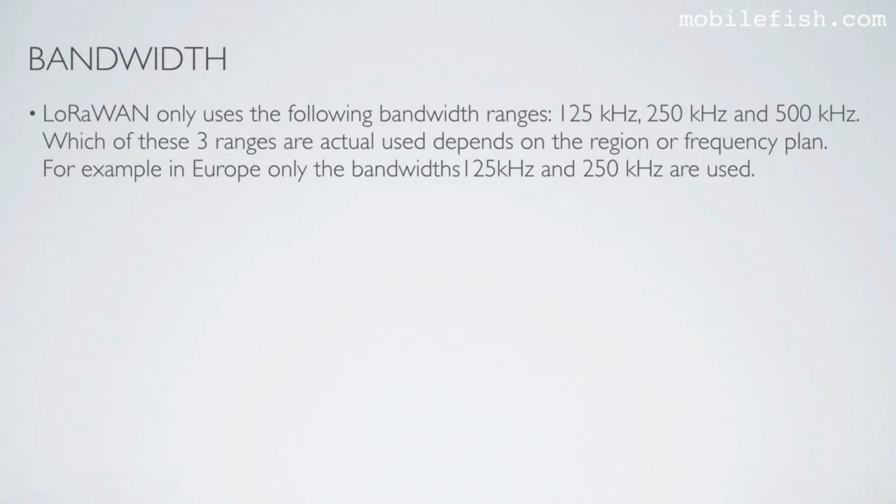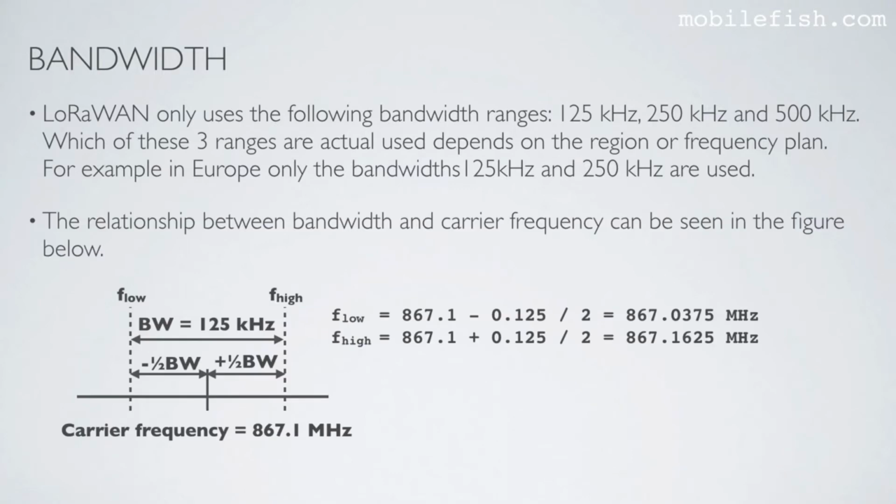LoRaWAN only uses the following bandwidths: 125 kHz, 250 kHz, and 500 kHz. Which of these 3 are actually used depends on the region or frequency plan. For example, in Europe, only the bandwidths 125 kHz and 250 kHz are used. The relationship between bandwidth and carrier frequency can be seen in the figure below.